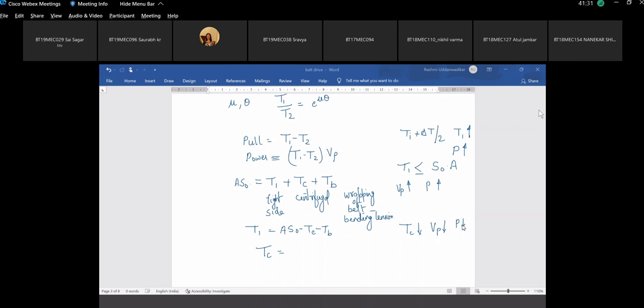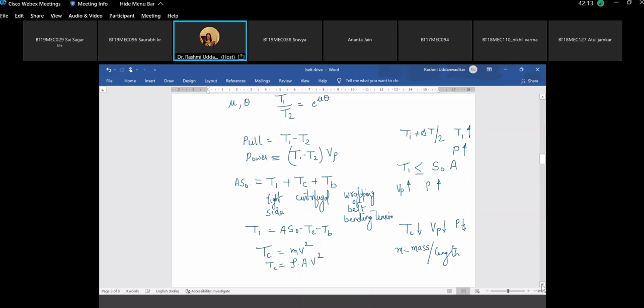Vinny, Prajwal, what is the formula for centrifugal tension? mv square. It's mv square by r, but we'll normally consider mass per unit length, so the formula is m v square. As the value of V goes up, the value of Tc increases, and this mass per unit length is density into area, into V square. This is Tc.